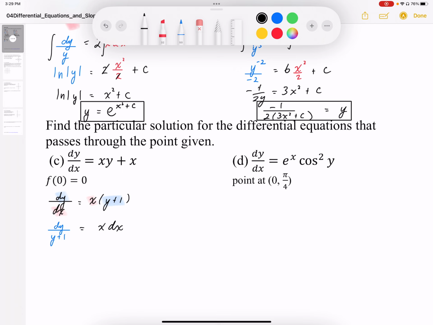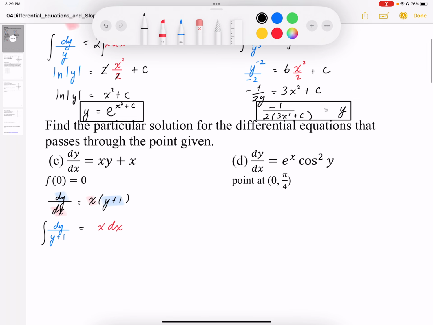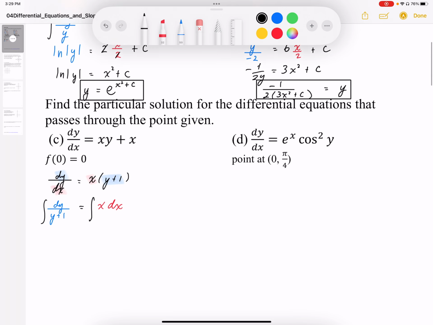Integrate both sides. So I'm just going to change that to red. Okay, so then I'm going to integrate both sides now, and I end up with log y plus 1 equal to x squared over 2.